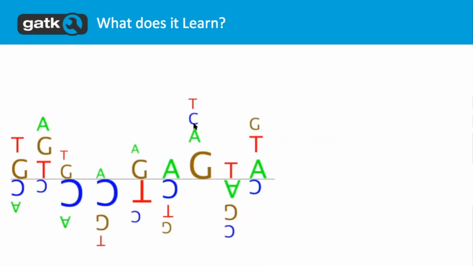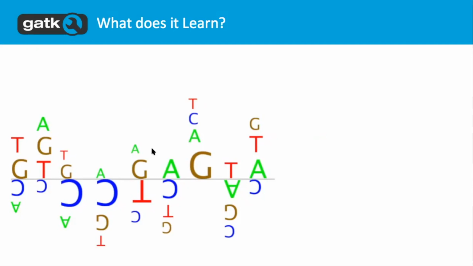Basically, the position weight matrix in the beginning is initialized to something very random. And then as we train our neural network, we have our inputs, which is the reference, and then we have these convolution layers, which are represented by these position weight matrices that we're trying to learn. And then the output is whether this variant is true or false.